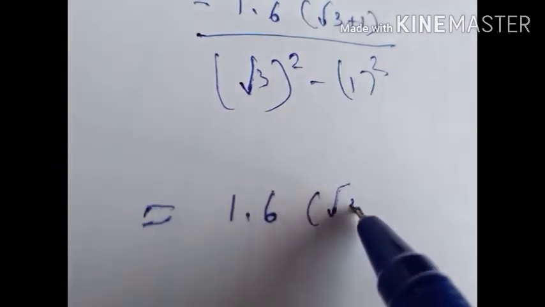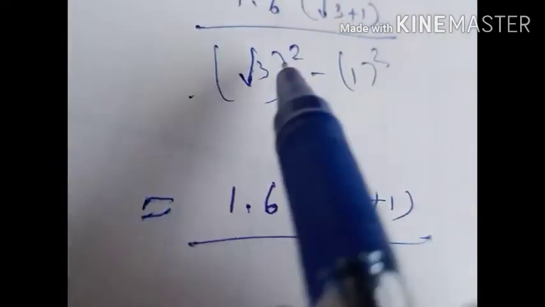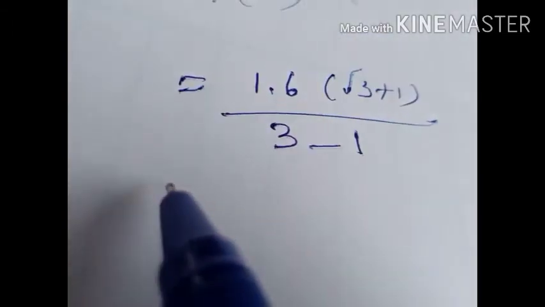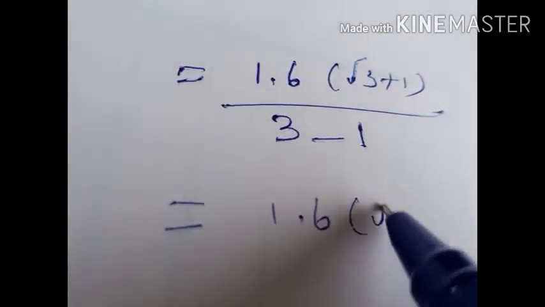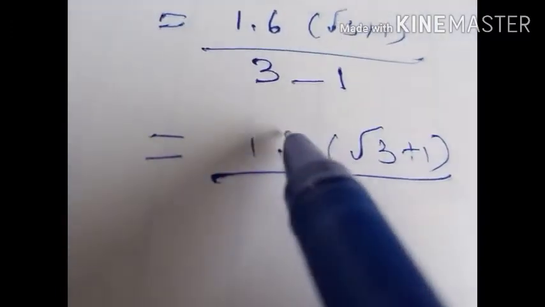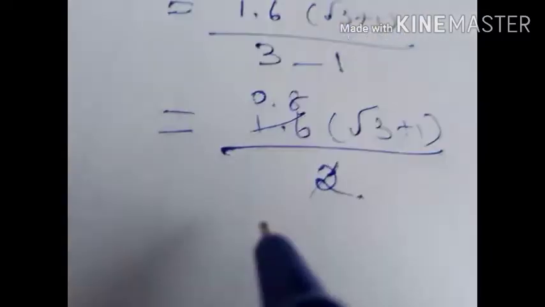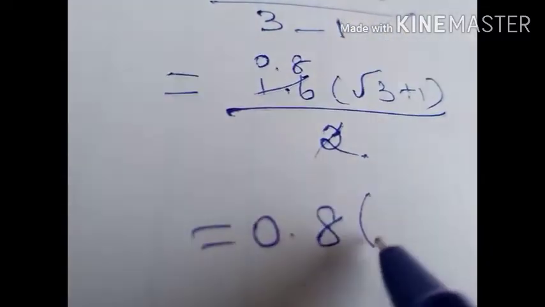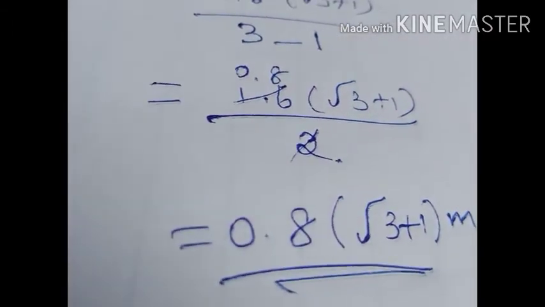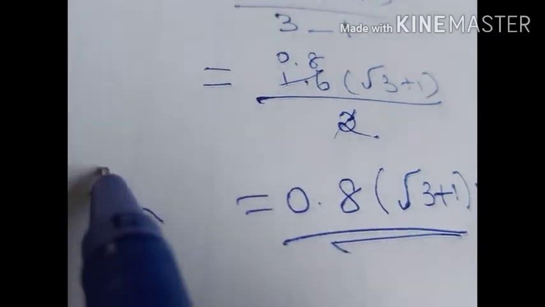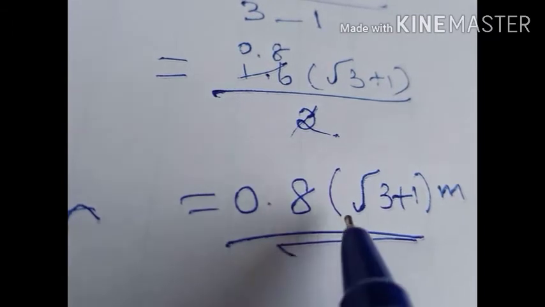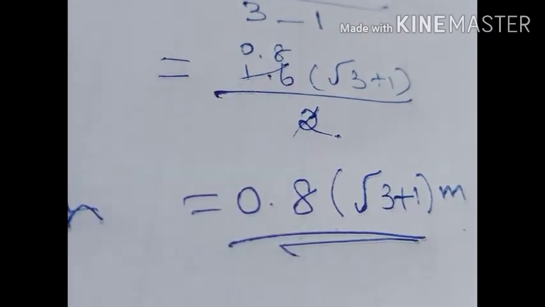Root 3 square is 3, 1 square is 1. That is equal 1.6 into root 3 plus 1 by 2. Now we can simplify these two. Then we will get 0.8 into root 3 plus 1 meter. This is h. H means the height of the pedestal. Height of the pedestal is equal 0.8 into root 3 plus 1 meter.